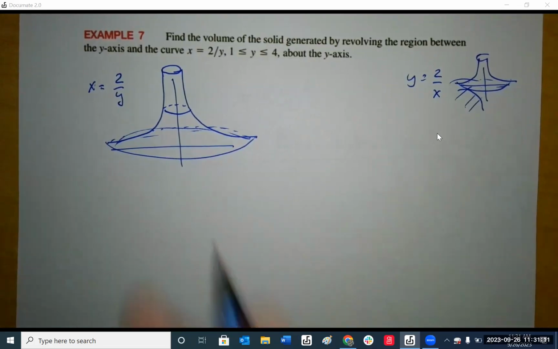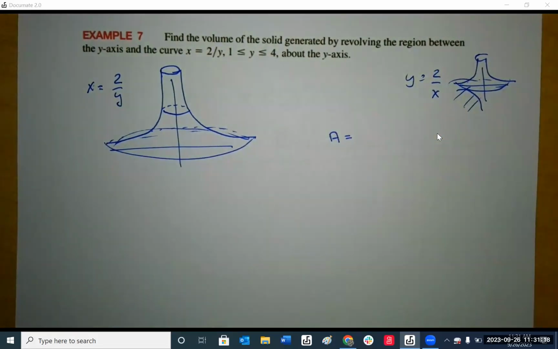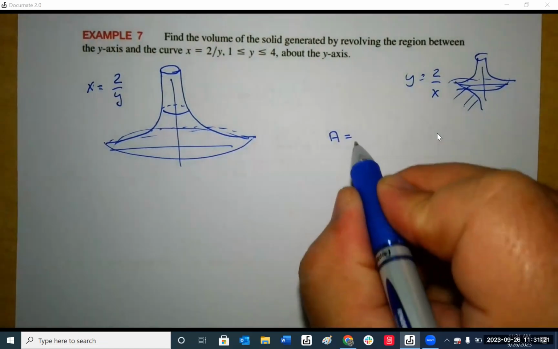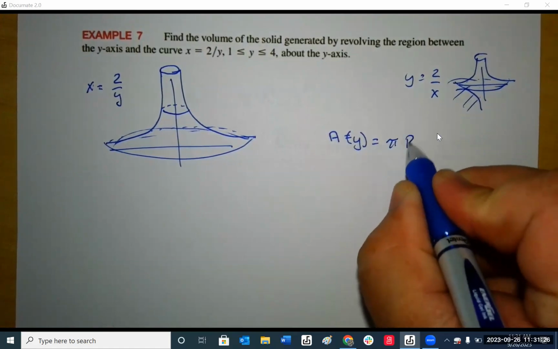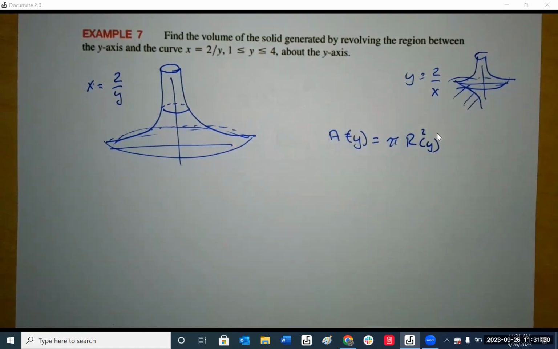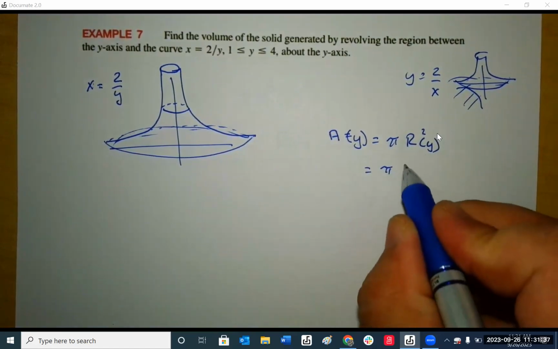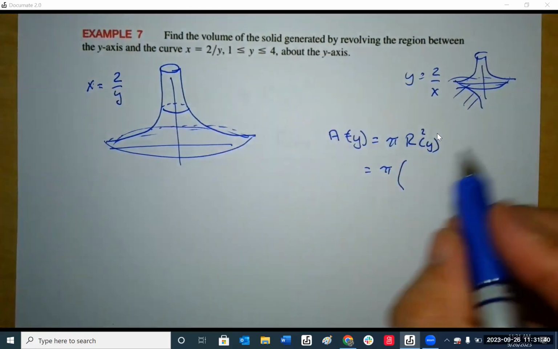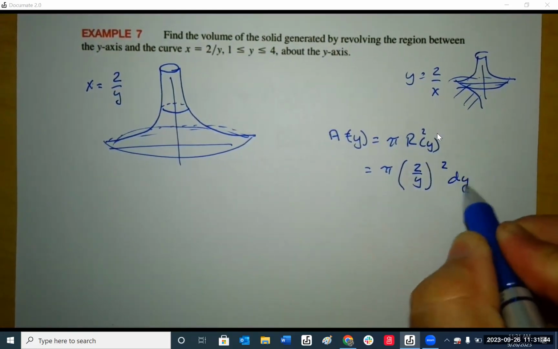What's my first step? I drew the picture. Second step. What's the formula for the area? This time it's with respect to y. So it's pi r squared of y equals pi, the radius is 2 over y, dy.